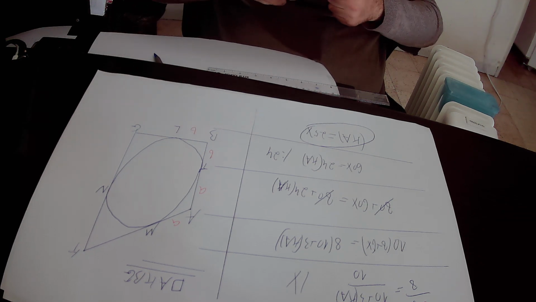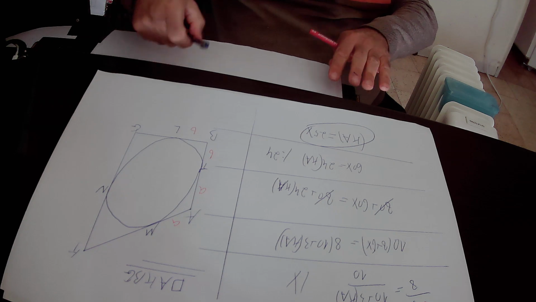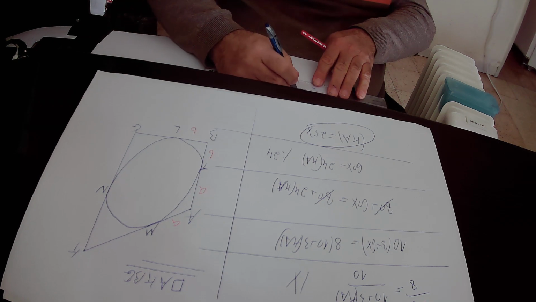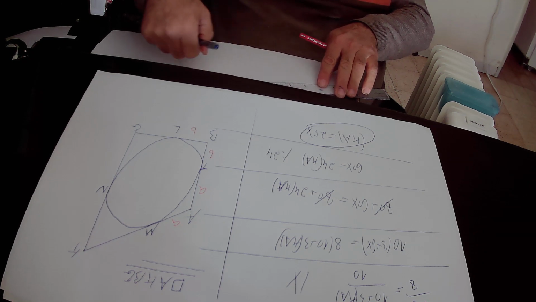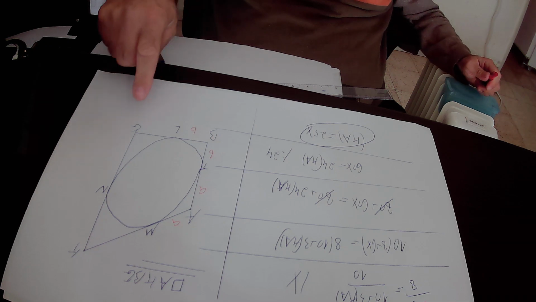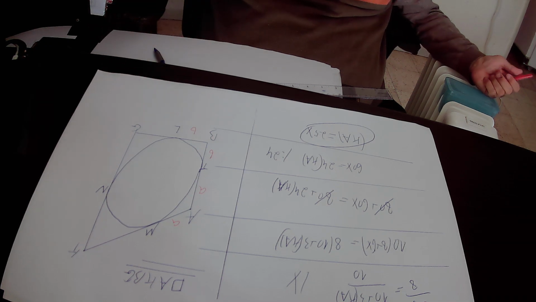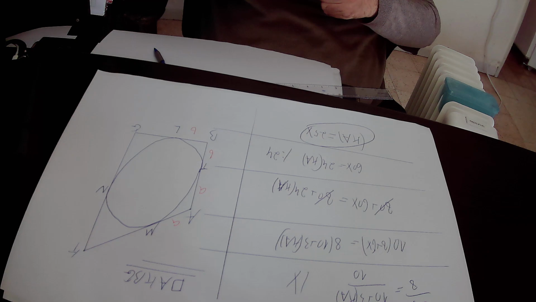We focus on the common external point, point G. From point G, we have two tangents to the circle. We have tangent GN and tangent GL, and according to rule number 2, they must be equal to each other.